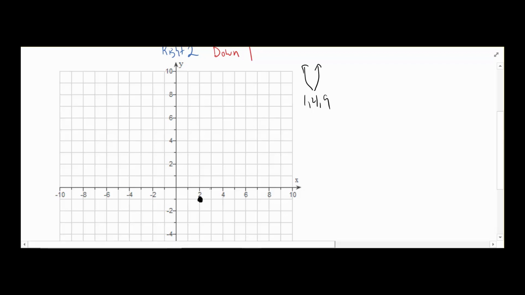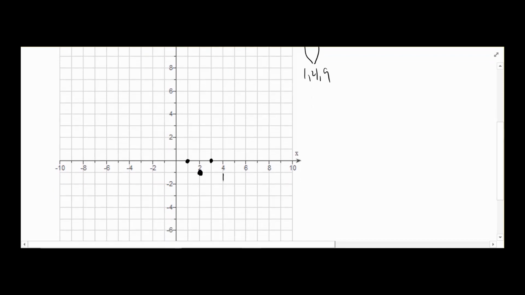So from there, if I take a step over in either direction, I go up by 1. If I want to take another step over, I'm going to be going up by 4. So 1, 2, 3, 4. And if I want to take yet another step over, I'm going to be going up by 9, so it's the 1, 4, 9 rule.